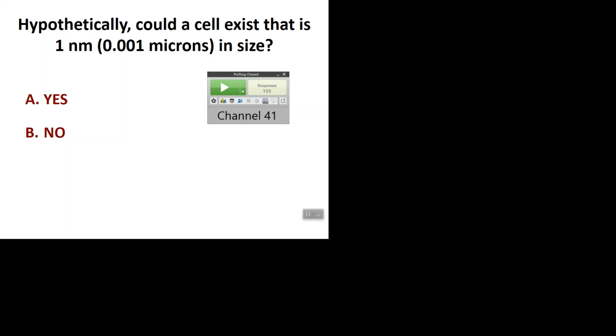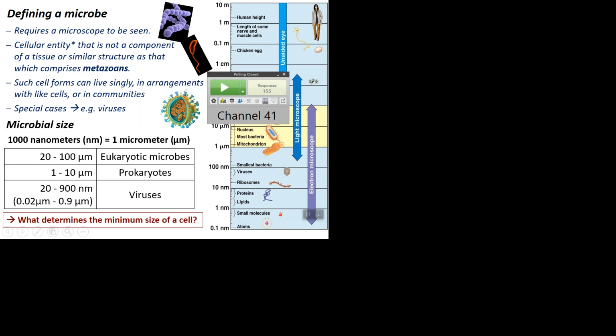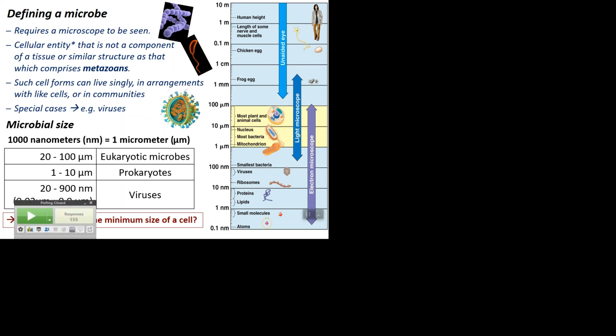So if you look at the diagram here, you can see the small stuff down here, right? Things like small molecules and lipids are in this very small range. But ribosomes, which are probably one of the most abundant molecules in a cell, are kind of big.